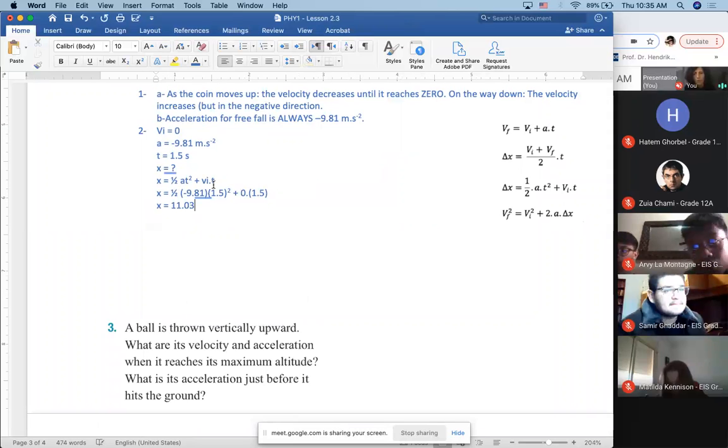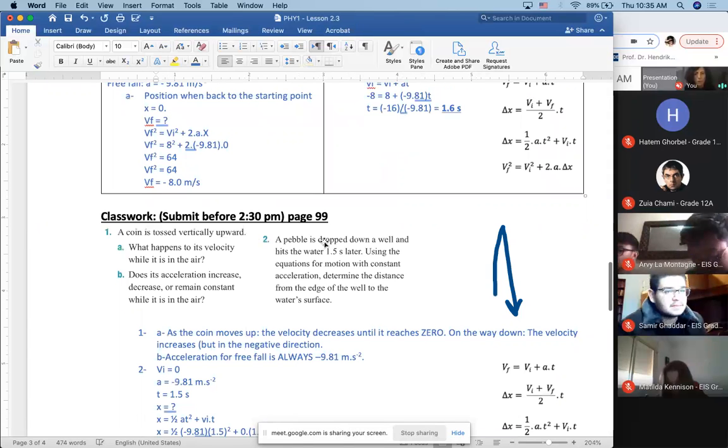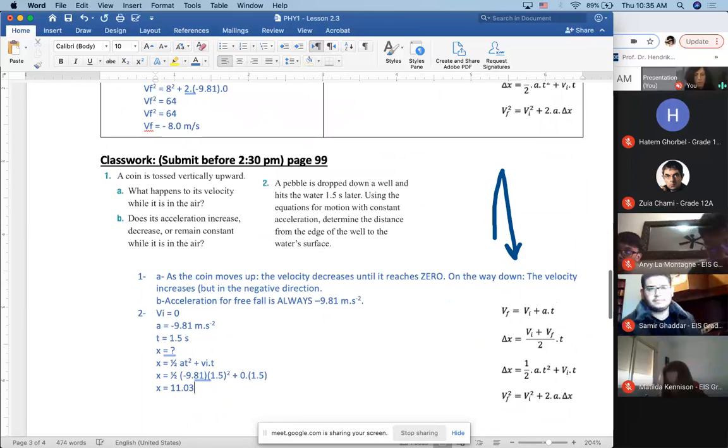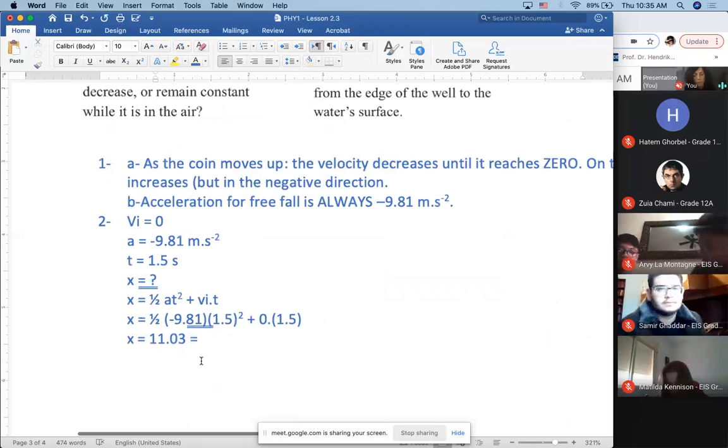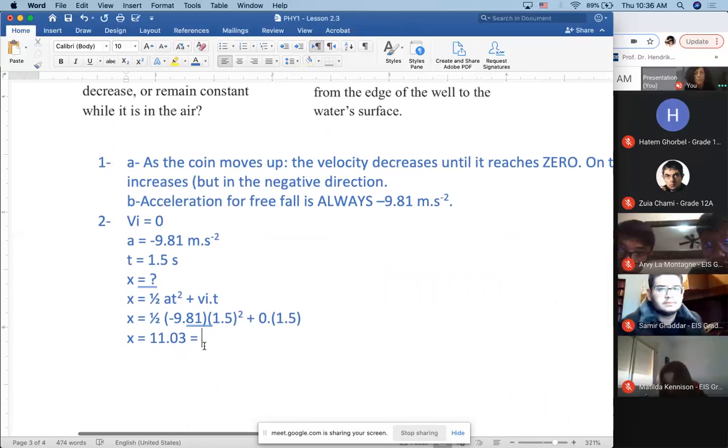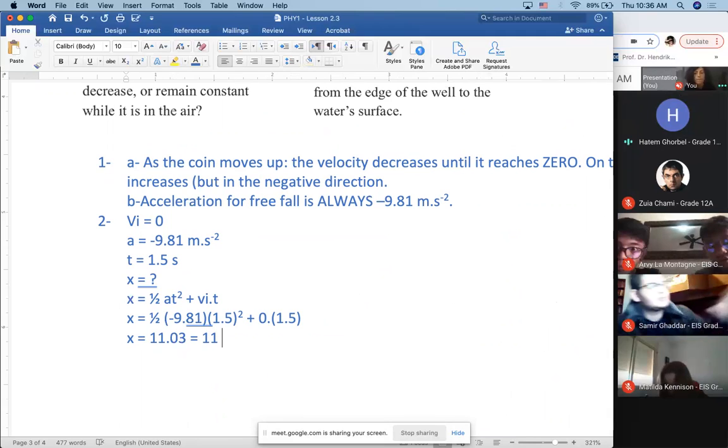Significant figures now. I have two significant figures. I should round this to two significant figures. Do you know how to round this to two significant figures? So 11. And the unit for x is meters. Thank you so much, Hatem.